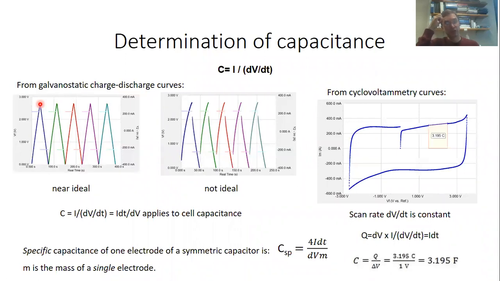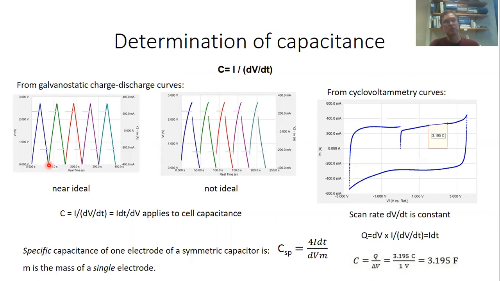When you then discharge your supercapacitor, your voltage will decrease linearly over the time until you arrive back at 0 volts.